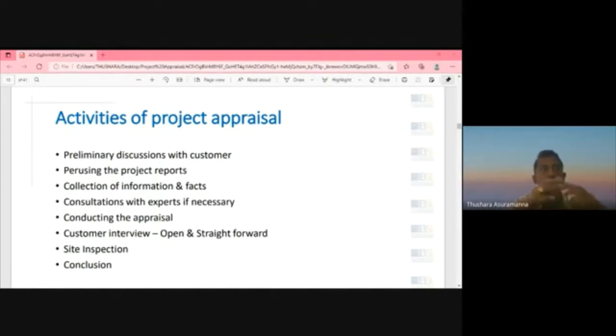Consultations, whether you have to go to industry experts, a valuation expert, an engineer, maybe outside consultations if necessary, depending on the complexities of the project.